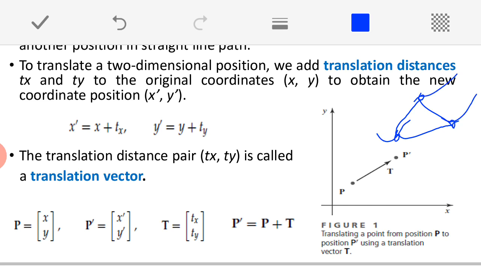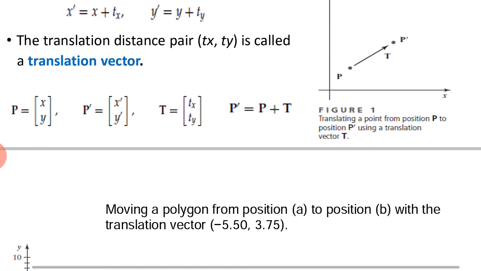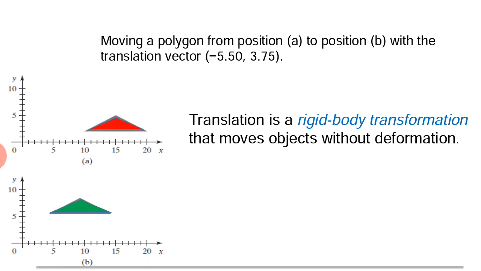It means you have to add Tx and Ty to the x component and y component of vertex 1, vertex 2 and vertex 3, and then your whole triangle will be moved from one position to another position. This is called translation.